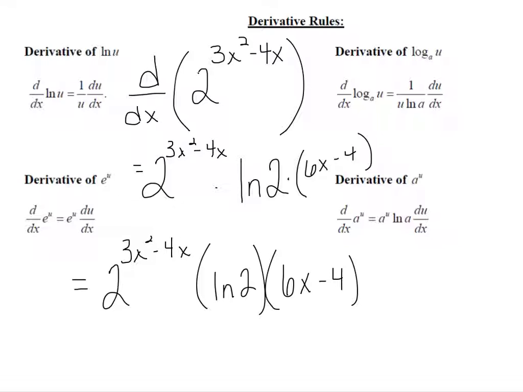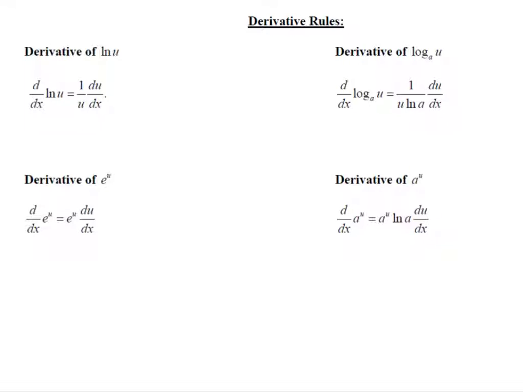The other important thing to remember is that e is the only function that is itself when we take the derivative. The derivative of e to the x is e to the x. It's itself. Let's look at an example.